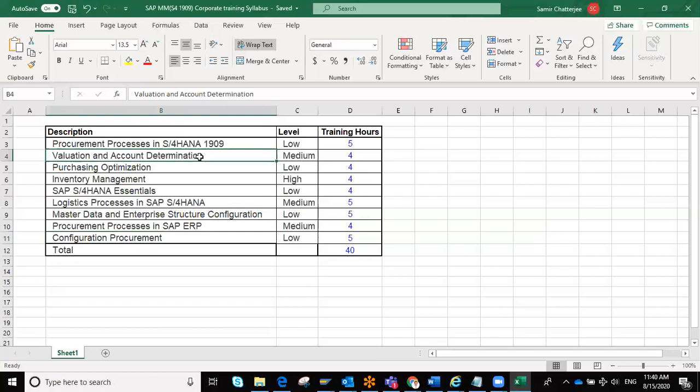Valuation and account determinations. So chapter second, it starts the initiation of account determination, integration with FI, involving BSX, BSV, GBB, WRX, all the business transaction event keys.